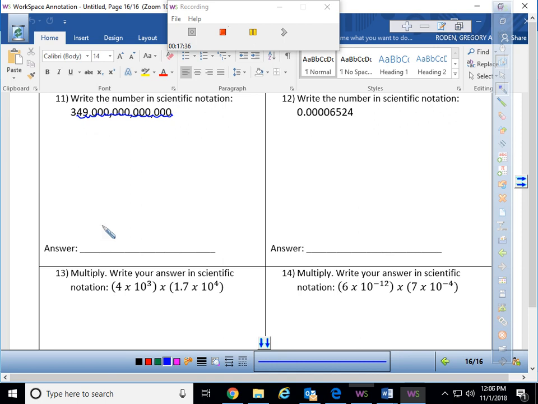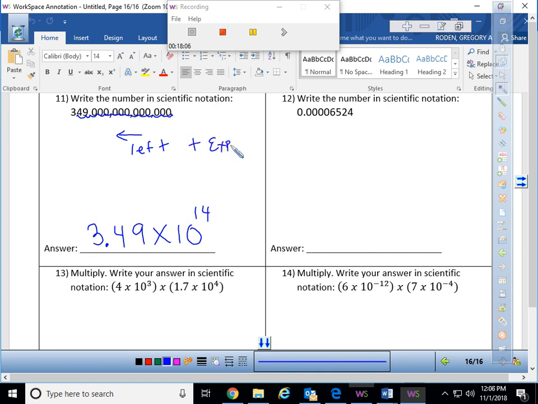So it's going to be 3.49 times 10 to the 14th. And since it's a really big number, whenever you scoop-de-loop to the left when you're changing to scientific notation, it's going to be a positive exponent.